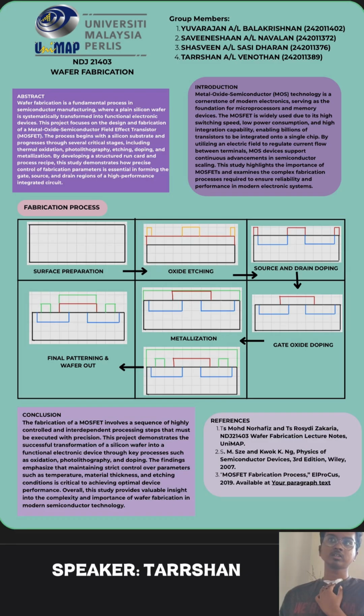The fabrication begins with a silicon wafer substrate and involves several key processes such as wafer cleaning, thermal oxidation, photolithography, etching, doping, deposition, and metallization. These processes play an important role in forming the different layers and regions required for MOSFET operation, including the source, drain, gate oxide, and gate electrode.